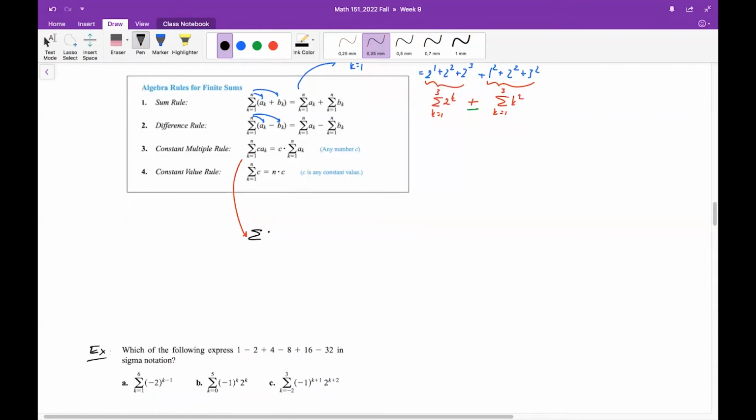Consider this sigma notation where you sum up terms of this form from 1 to 4.